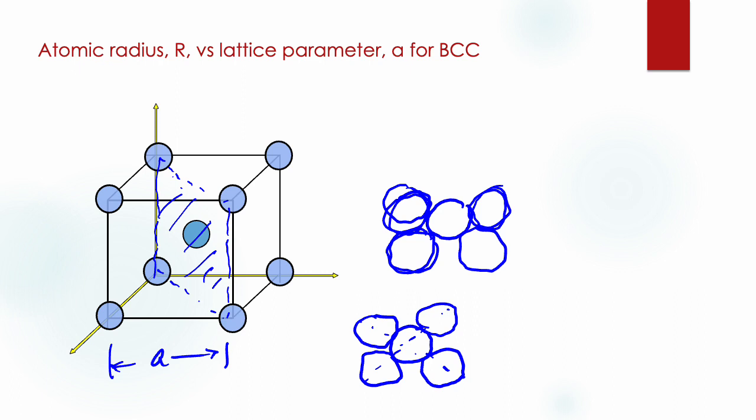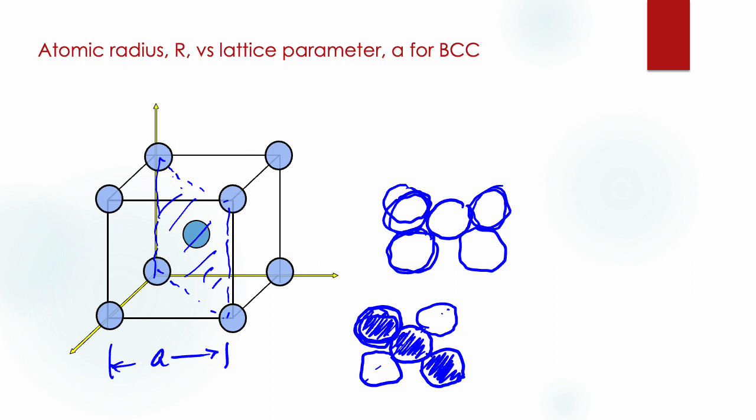And if I look just at this plane that's cutting across there, this is defined by the fact that these atoms across this diagonal are in contact.